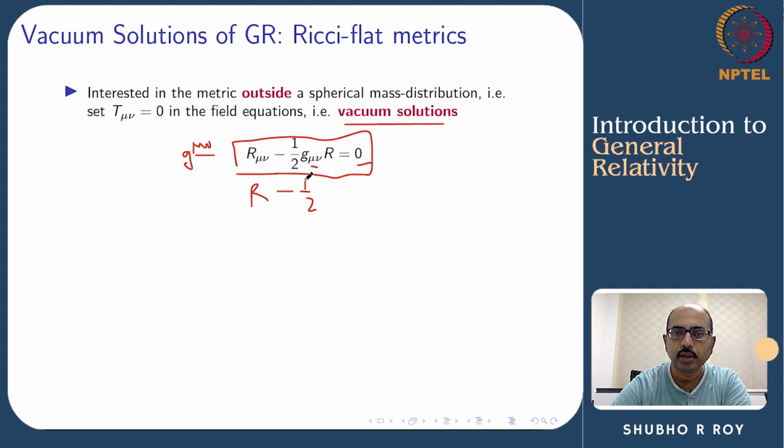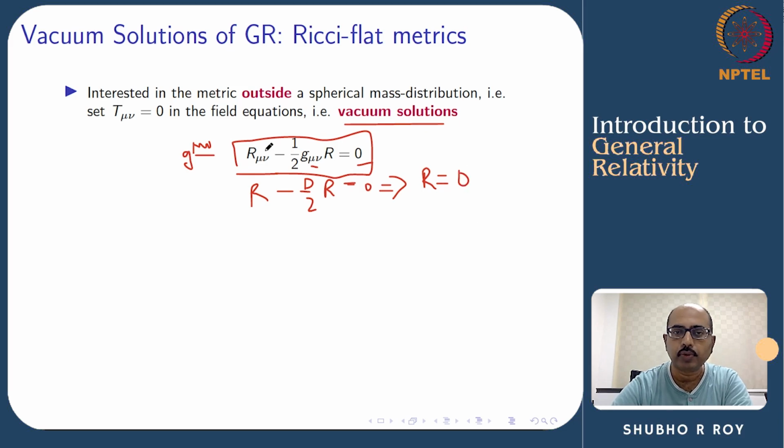That will give me a factor of D, the space-time dimension, and then this R remains as it is. So we have this equal to 0, and so long as D is not equal to 2, this implies that the Ricci scalar must vanish. Okay.